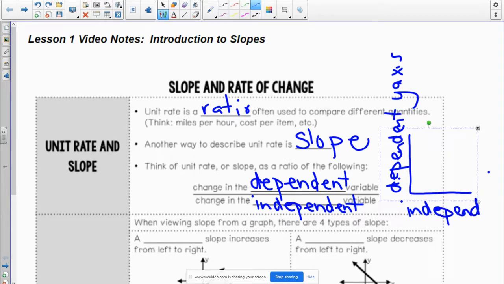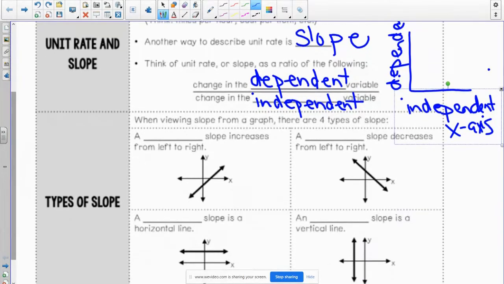We're going to look at the ratio of how much the dependent variable is changing over how much the independent variable is changing. In other words, how much is it changing on the y-axis over how much is it changing on the x-axis. And there are 3 different types of slopes when we start looking at them.